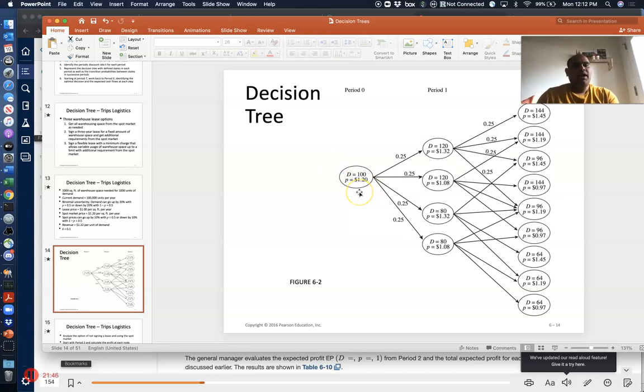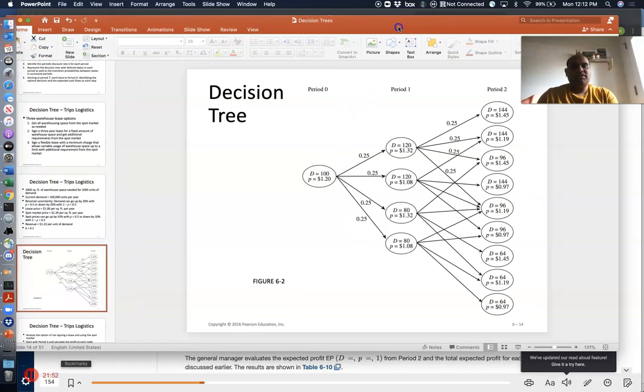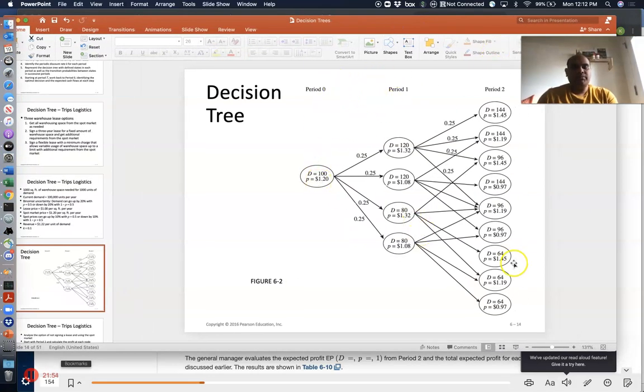You have nodes, and each of these nodes represent a possibility. So right now there is only one in period 0. So you'll notice that there are 3 periods: period 0, period 1, and period 2. This is right now. You always represent the current time as period 0. So you're planning for 3 years: the current period, the next period, and the period after that. So right now, next year, and the year after that.